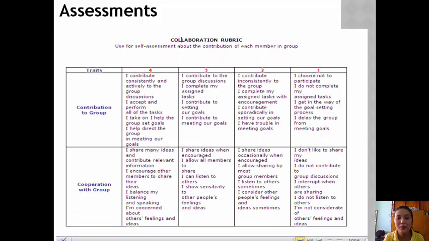The first one, the collaboration rubric. The students will self-assess the contribution of each member in the group in terms of contribution to the group and cooperation with the group.